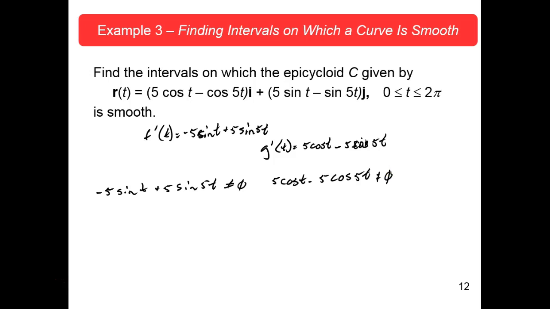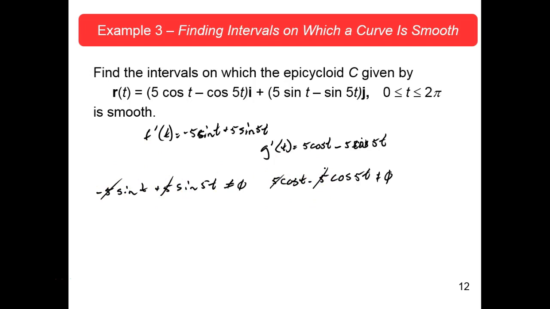Now, let's see where those happen. First thing we certainly can do is divide out the 5s.